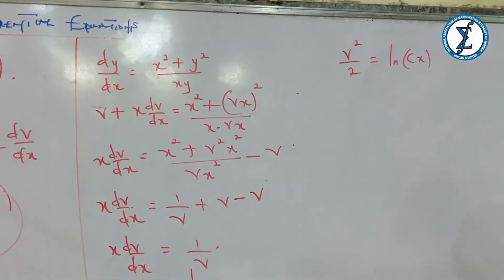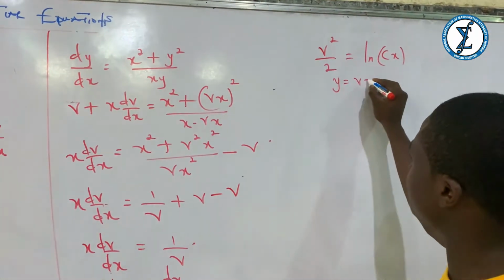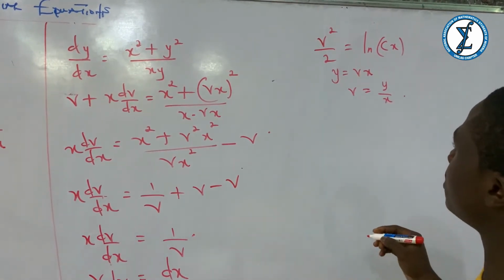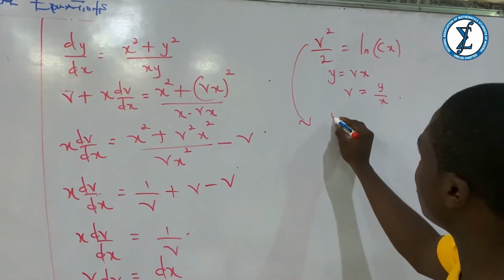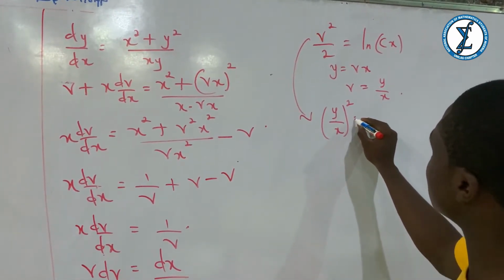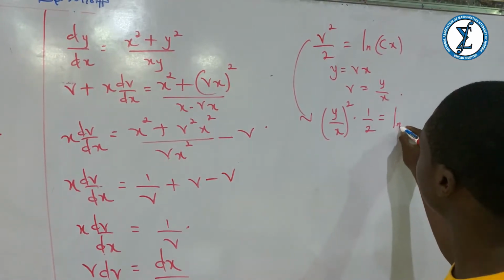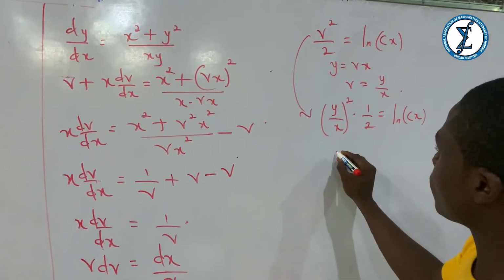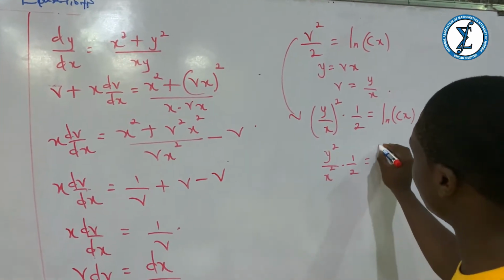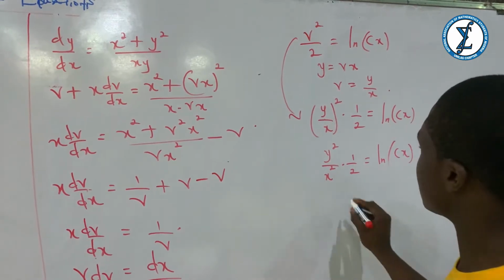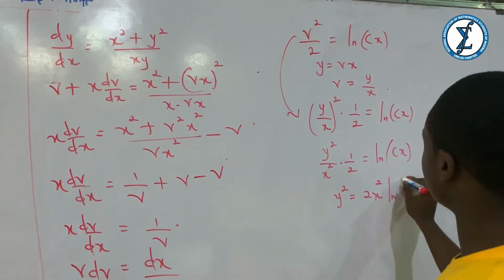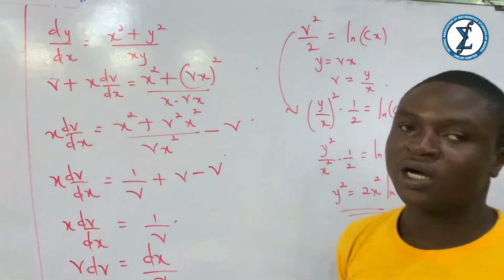Now recall, we said our y is v times x, so our v becomes y over x. So I'll come back here and I have (y over x) raised to power 2 times 1 over 2 equal to ln cx. So y squared over x squared times 1 over 2 equal to ln cx. So our y squared becomes 2x squared ln cx. So this is the solution of our differential equation.